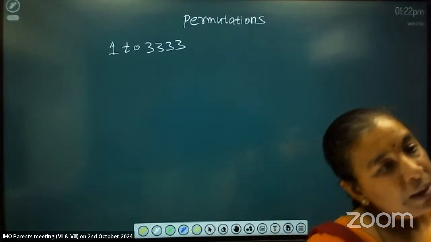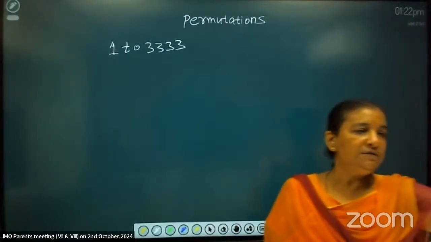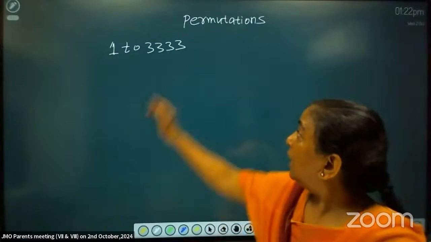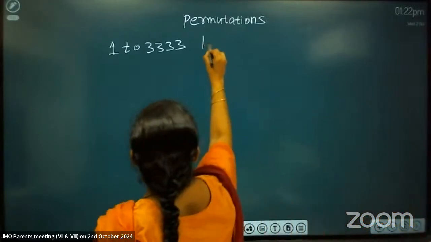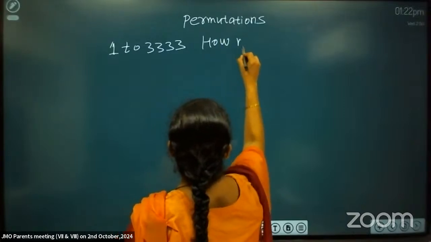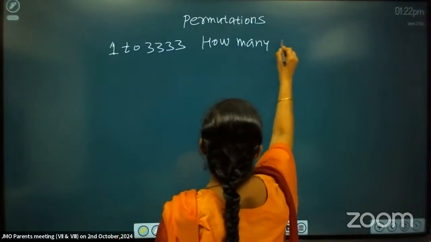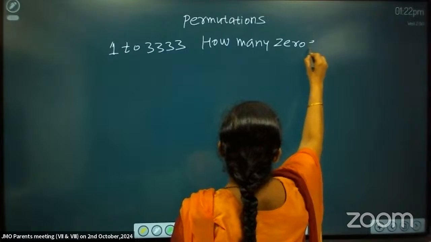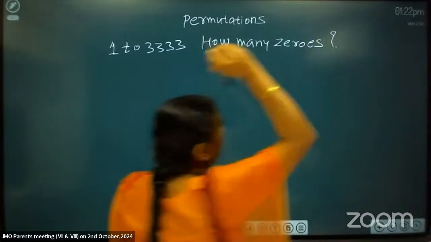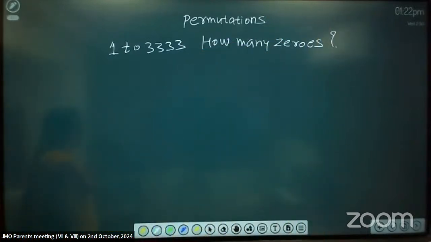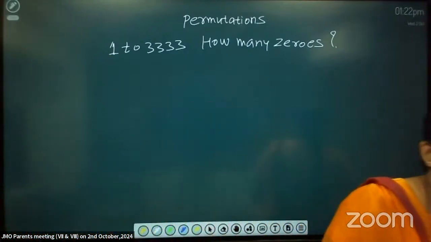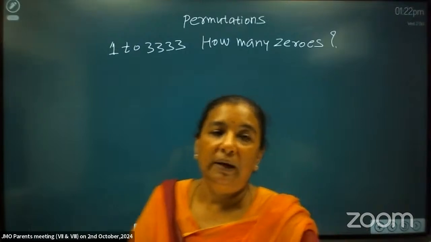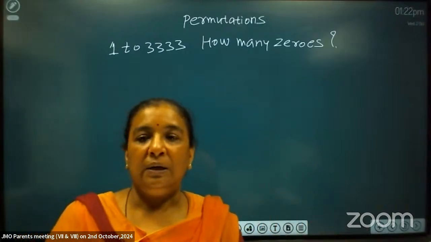Okay. I write down all the numbers 1, 2, 3, 4 and so on up to this number. Question is how many zeros are involved? How many zeros occur when I write down the numbers from 1 to 3,333? Correct? That is a question.